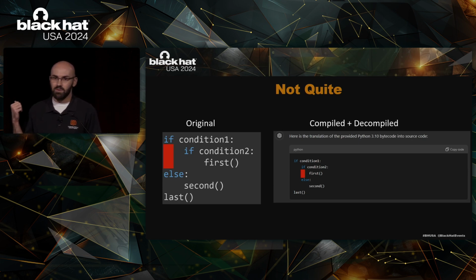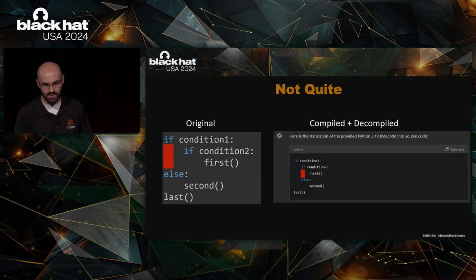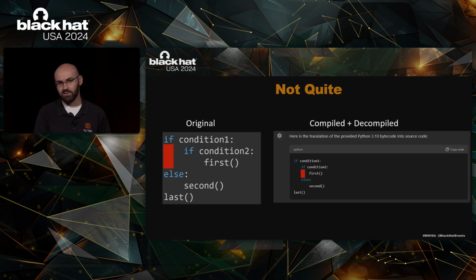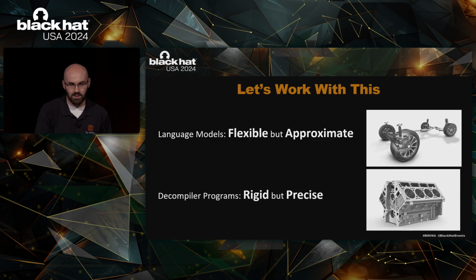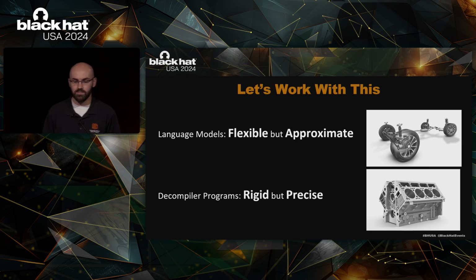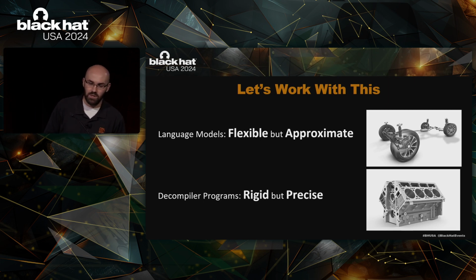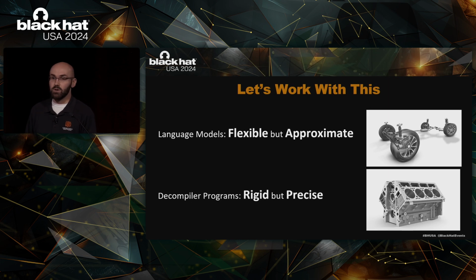On this toy example and most code that doesn't fit on a slide, generic large language models start making significant mistakes. They're not built for this, but they're trying their best. But just because AI is not a silver bullet doesn't mean there's nothing here. Language models are really good at pattern recognition and filling in the gaps. They're flexible. Decompiler programs are great at consistent data transformations at scale.